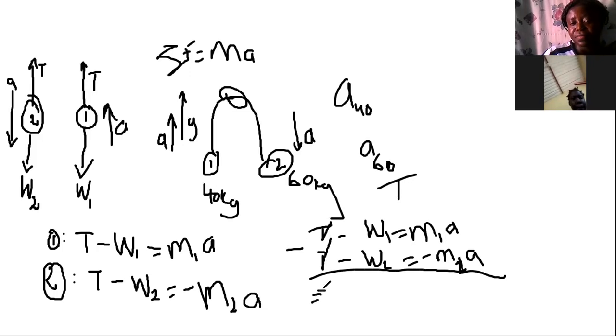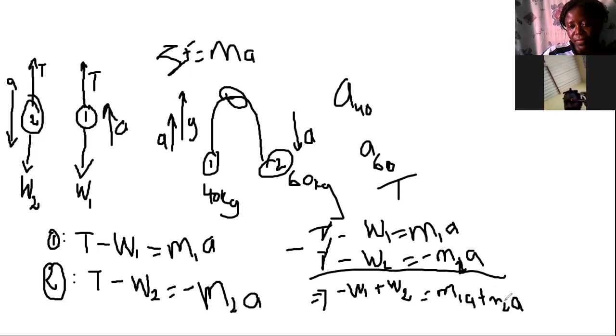Then we have minus weight 1 minus weight 2 becomes positive weight 2, equals m1 times the acceleration minus, becomes positive, m2 times the acceleration. Now we can solve because the only thing we don't know here is the acceleration.